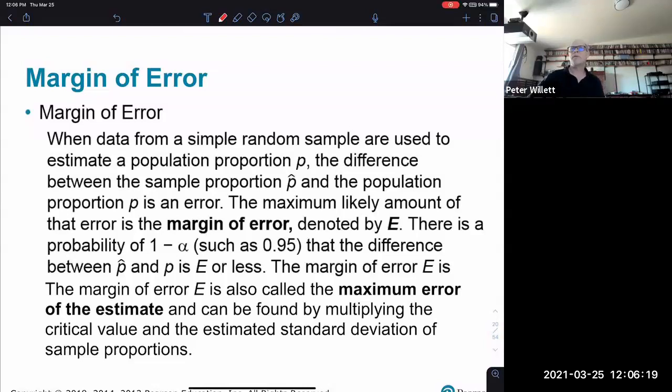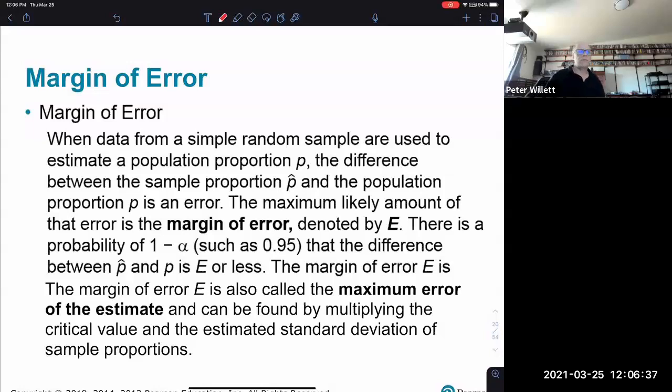When data from a simple random sample are used to estimate a population proportion P, the difference between the sample proportion, the best point estimator, the value you got from your sample, and the population proportion is an error.